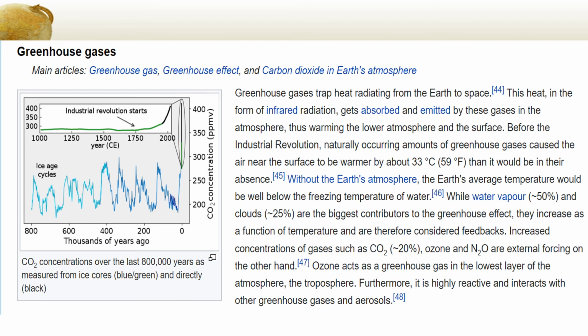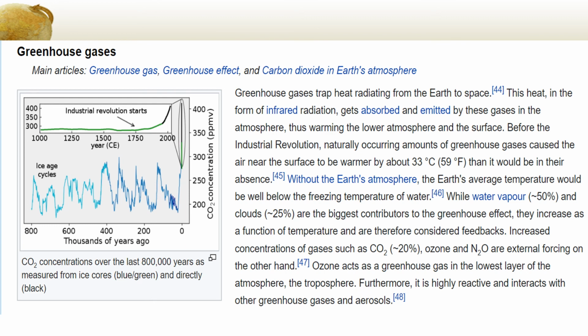Before the Industrial Revolution, naturally occurring amounts of greenhouse gases caused the air near the surface to be warmer by about 33 degrees centigrade, that is 59 degrees Fahrenheit, than it would be in their absence. Without the Earth's atmosphere, the Earth's average temperature would be well below the freezing temperature of water.